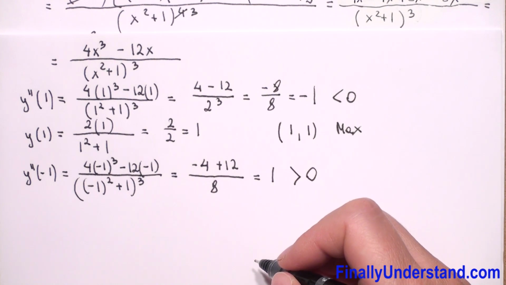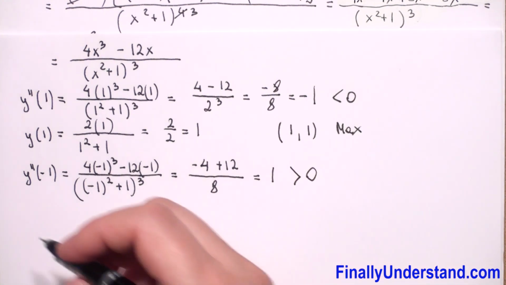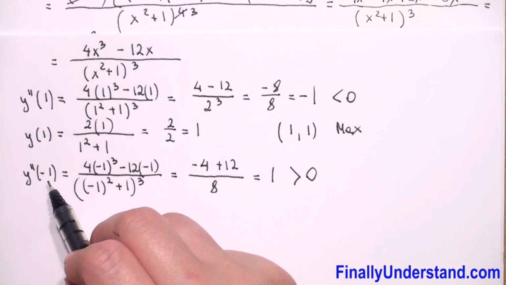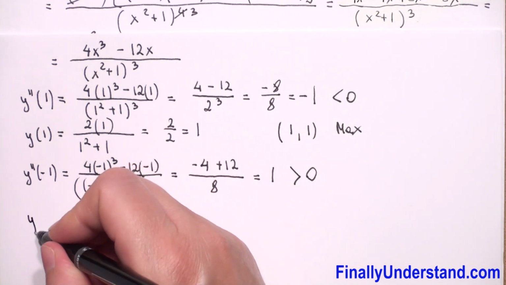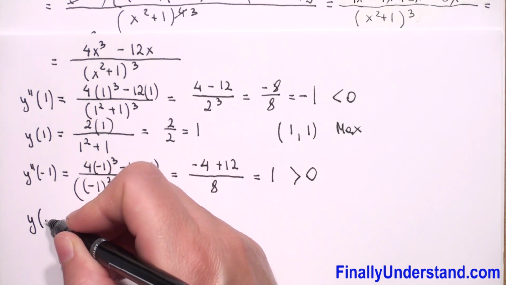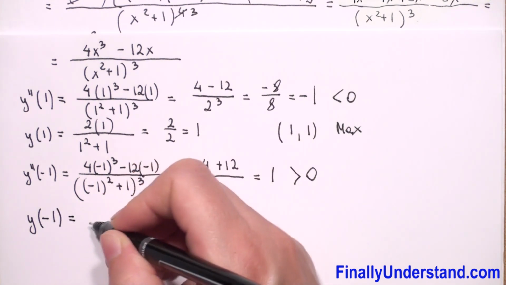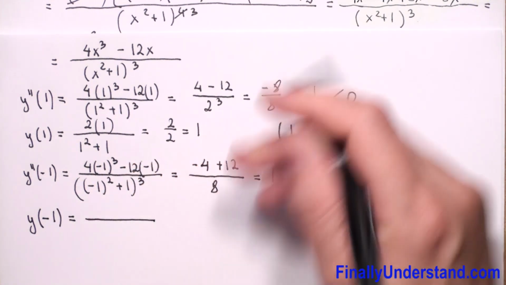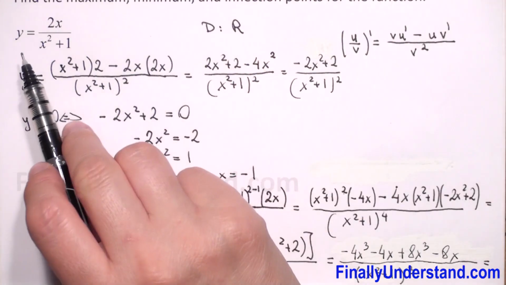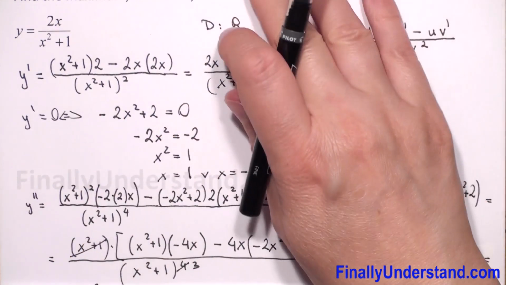We have to calculate the second coordinate. We have x equals negative 1. Now we have to replace in our formula, our function, x's by negative 1. This is our y function.